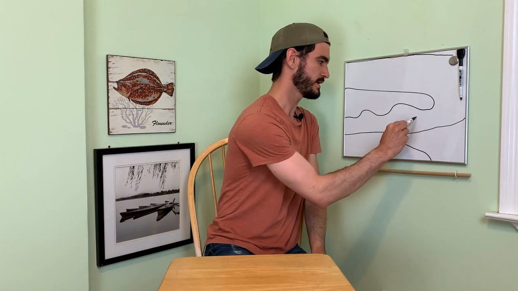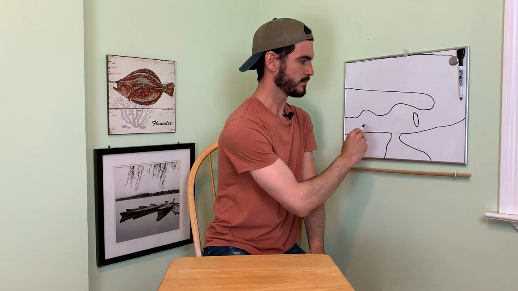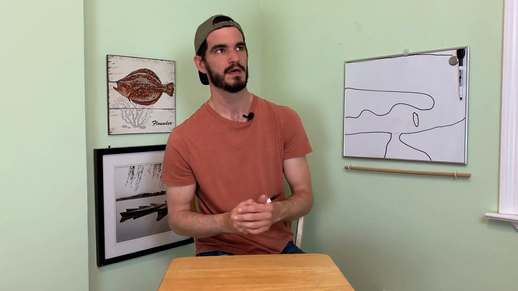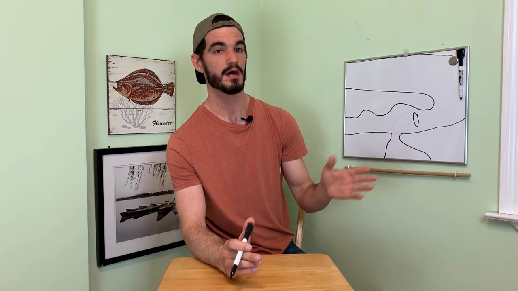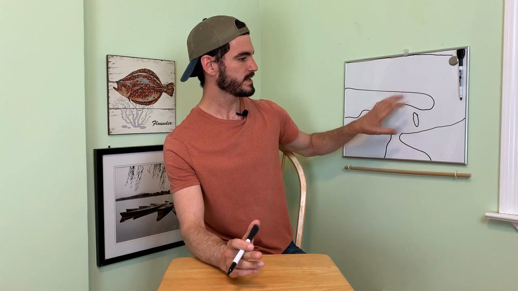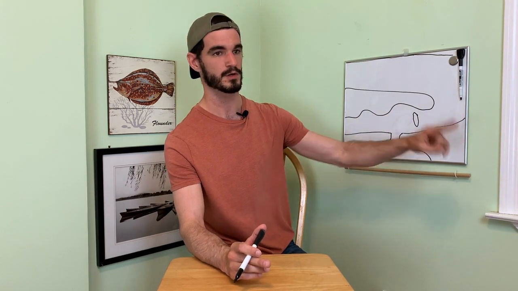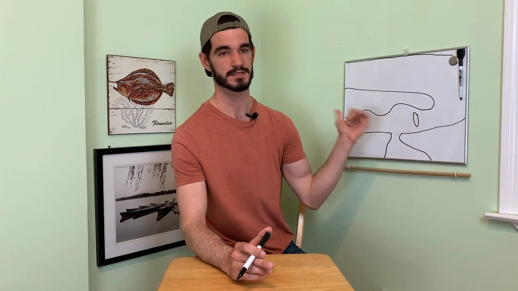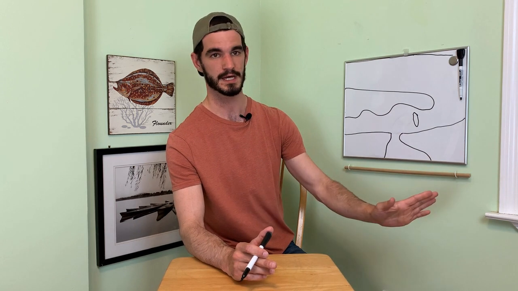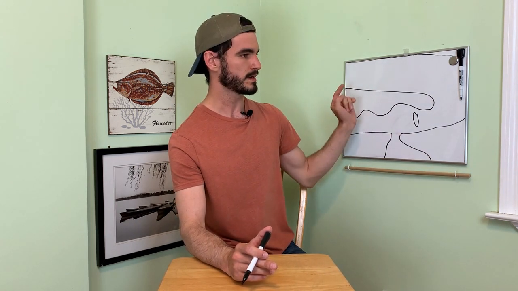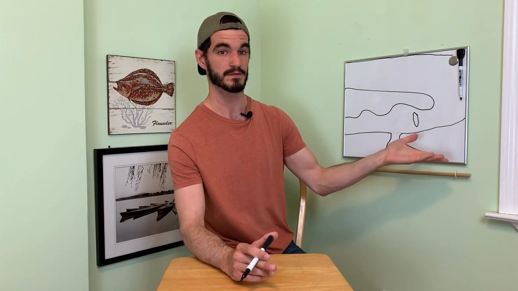So let's say we have our structure here, and then the water is moving past it. Usually with structure, depending on where you're fishing, but oftentimes the way the structure is set up, the fish will have a feeding advantage when the water is moving in one direction and not so much in the other direction. So in that particular area, the bite is on the incoming tide because the water is moving against the structure in a way that gives the striped bass a feeding advantage. So that's when they feed.